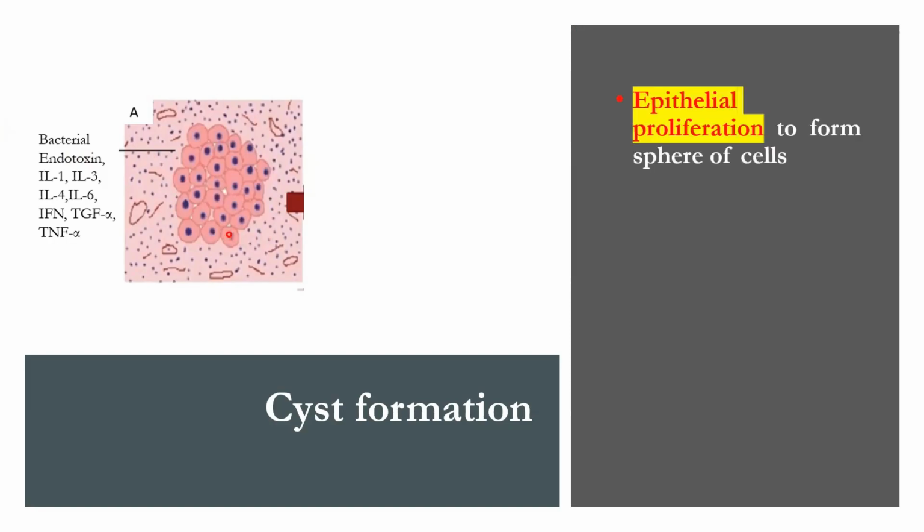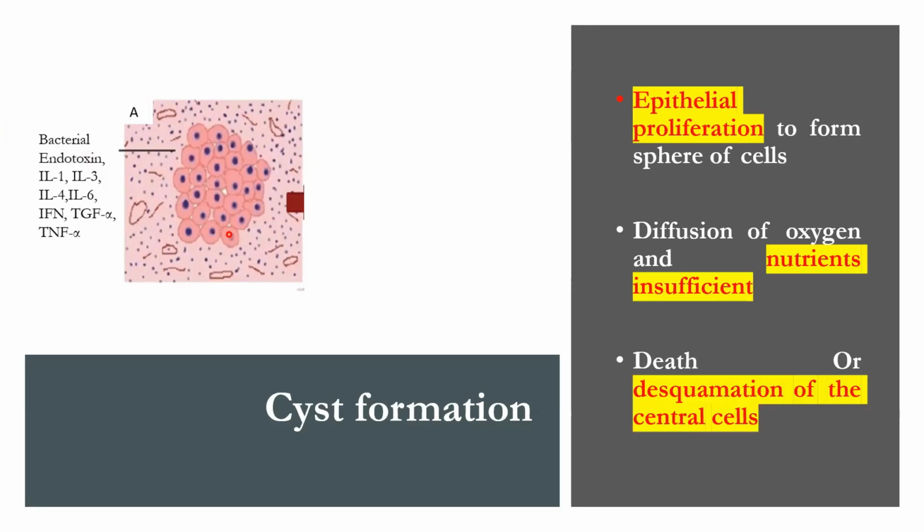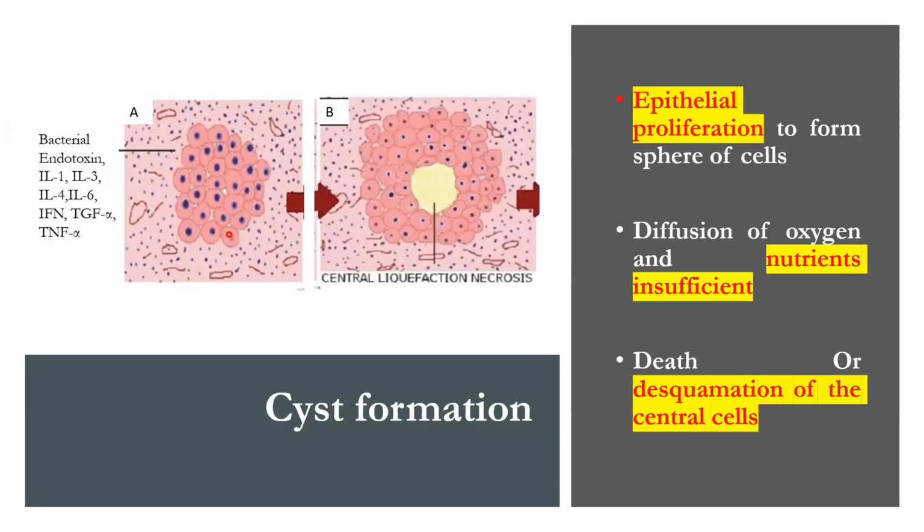So this sphere, as it grows bigger, there is a lack of nutrient reaching the center of the cell. So as you can see, it has grown very big, and the surrounding connective tissue is incapable of delivering the nutrient to the center. That results in the death and desquamation of the central cells, and that results in a central liquefaction necrosis.